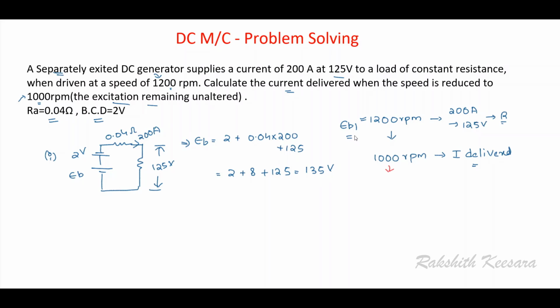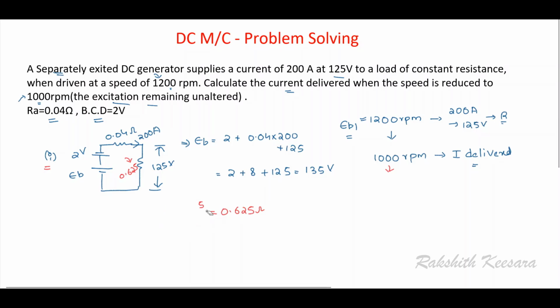Now we got our EB1. Next, what is the load resistance? RL is equal to 125 by 200, that is 0.625 ohm, and this is a constant value. So this is the first case.